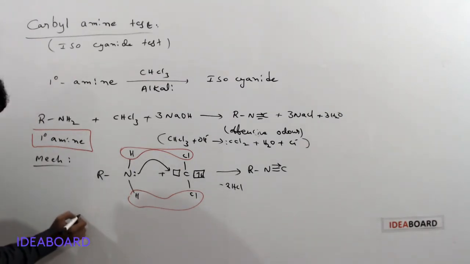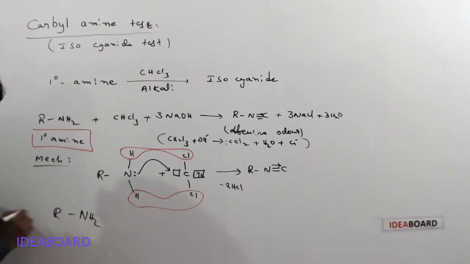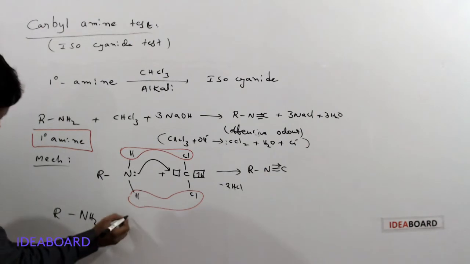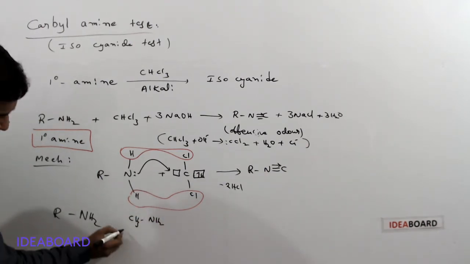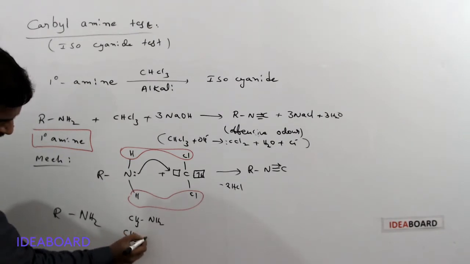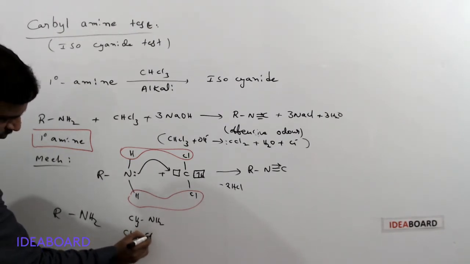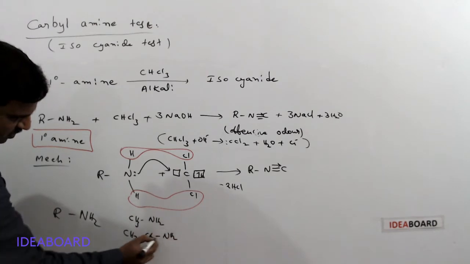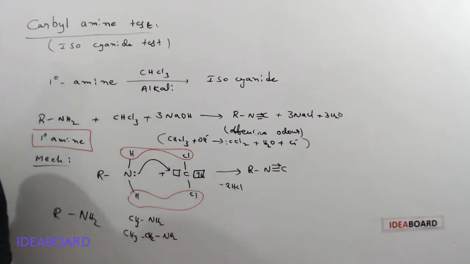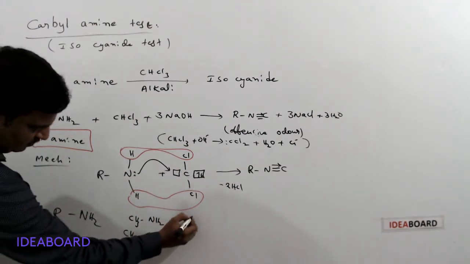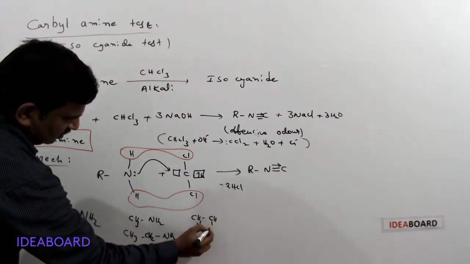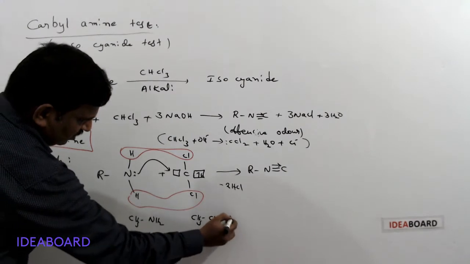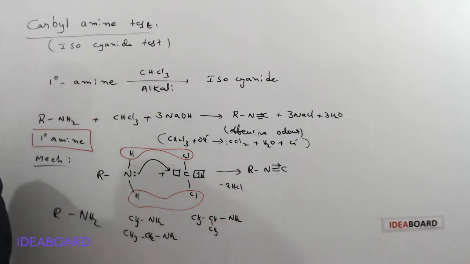Primary amines means an alkyl group containing an NH2 group. For example, CH3NH2 is a primary amine. CH3CH2NH2, ethylamine, is also a primary amine. CH3CH(CH3)NH2 is also a primary amine.